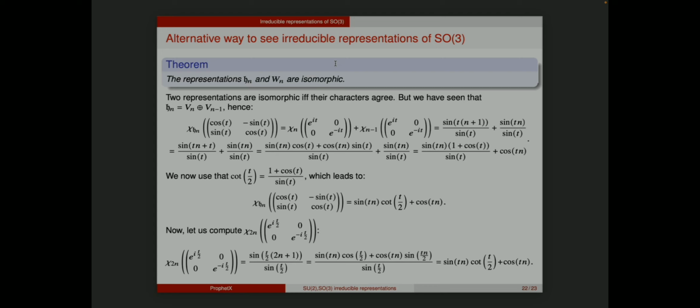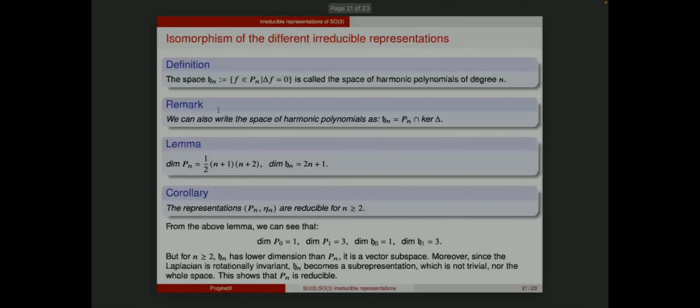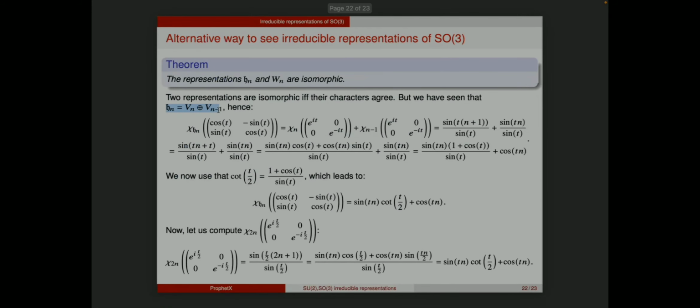So if the characters of the representations agree, then they are isomorphic. So let us compute the character of the representations H1 and Hn. And we have seen before that Hn decomposes into a direct sum of Vn plus Vn minus 1. This is not too difficult to see. It's done in my handout.